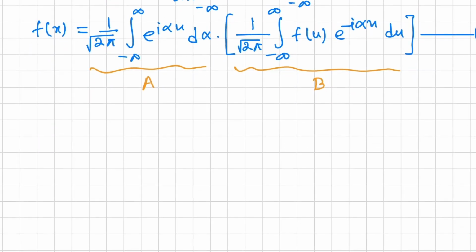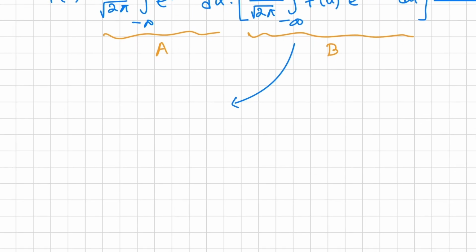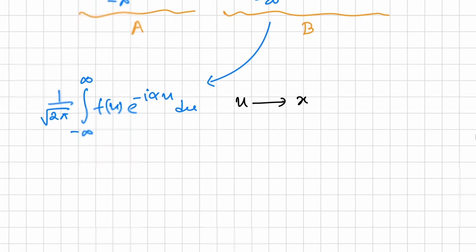So if I consider this part B, for example, then I can do a variable substitution. For example, I can say that u now changes to x.